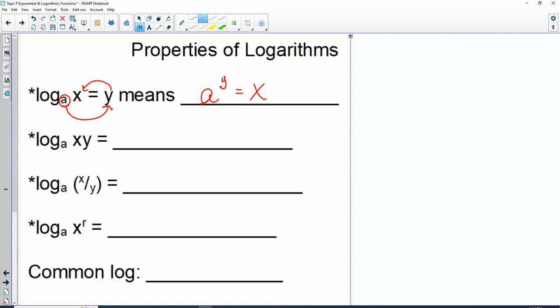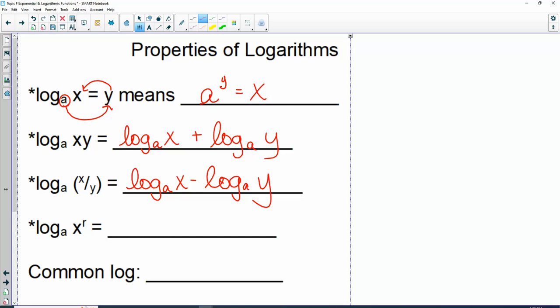We add each individual log. If they are divided, okay?